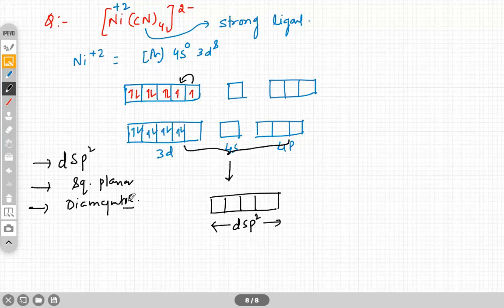Now, if I ask you one more question, in this particular kind of geometry, which d orbital is involved? Because we know we have 5 d orbitals: dxy, dyz, dzx, dx2-y2, and dz2, right? Out of these 5, which d orbital is involved in this geometry? Could you answer this?